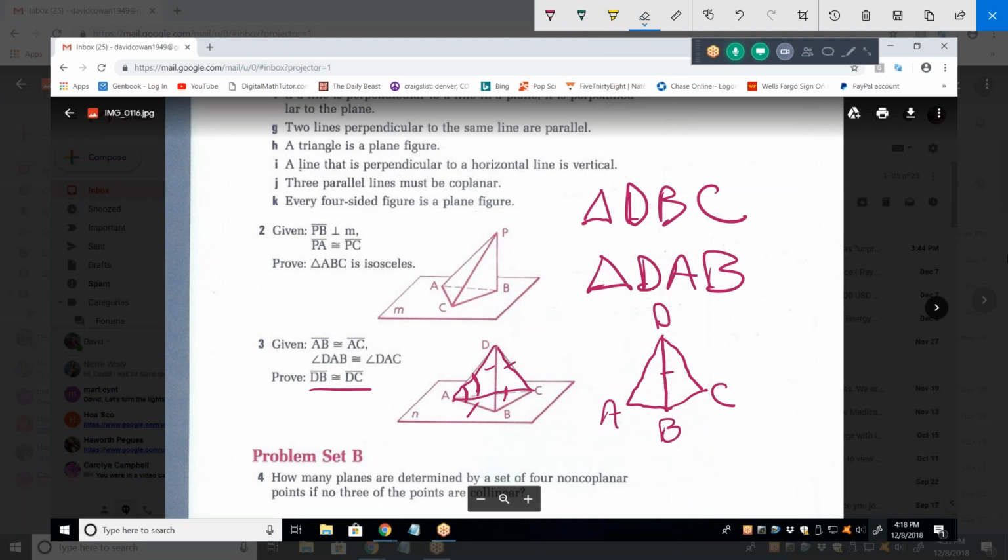I'm going to erase that because it gets to the point where you can't really see what you're doing. That's all the information we have, correct?